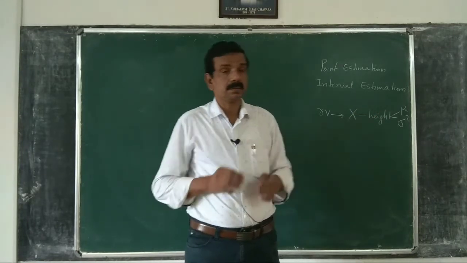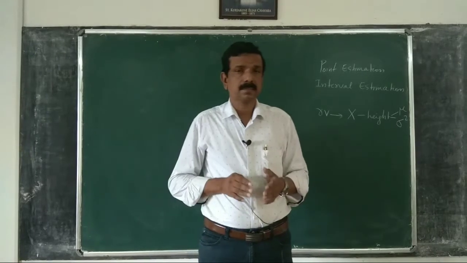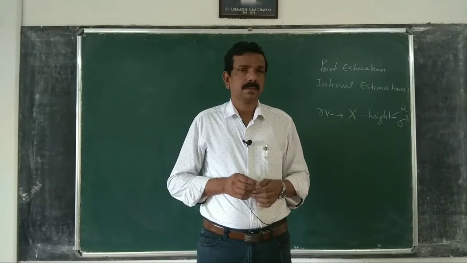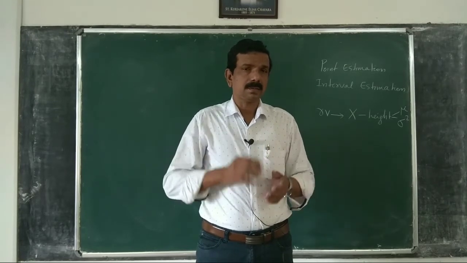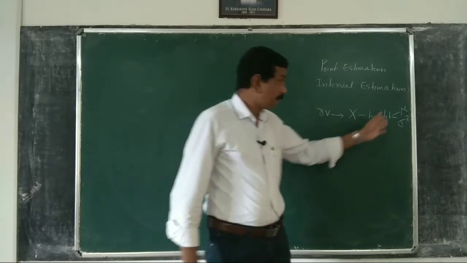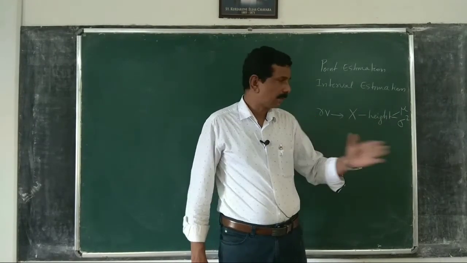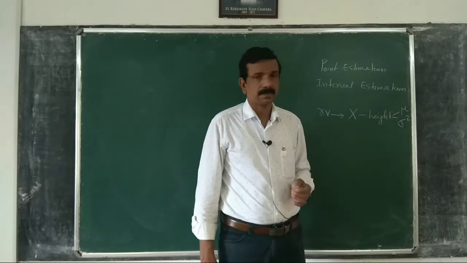But remember this, in statistics, we are not much concerned with the entire distribution. Our interest is the parameters of the distribution. For normal distribution, the parameters are mu and sigma square.